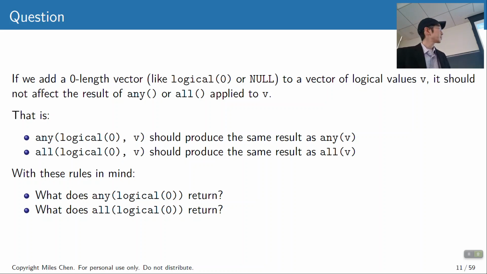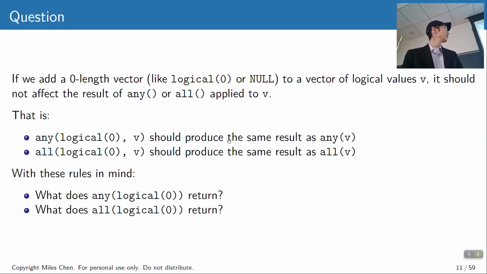Here's a question. What if we combine a logical 0, a length 0 vector, or null, with some vector values v? So we have some vector v of true, false values, and we combine that with a length 0 logical vector, or a null. What is that going to output?